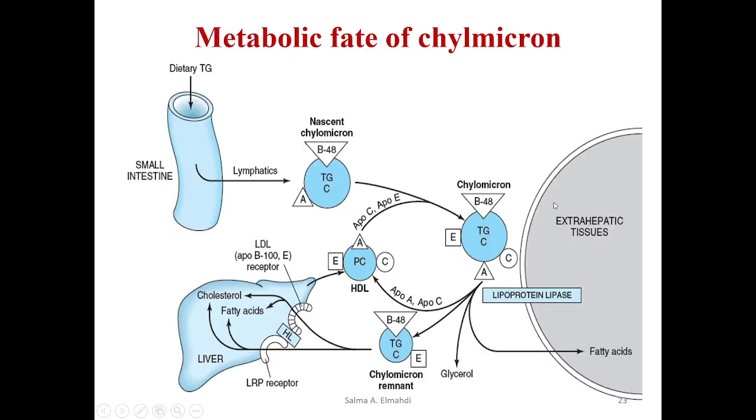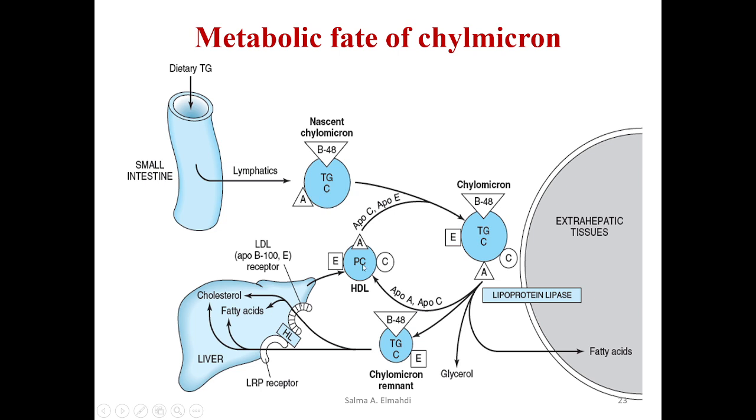And this is to show you the fate of chylomicron. Chylomicron, as we said, is formed by the intestinal cells. It finds its way into the lymphatics and then via the thoracic duct to the circulation. Initially, it is called a nascent chylomicron that contains triacylglycerol and cholesterol in the center. It contains ApoB48 and ApoA.